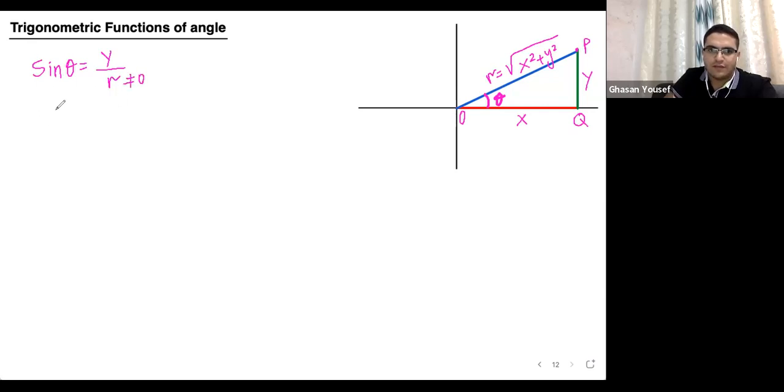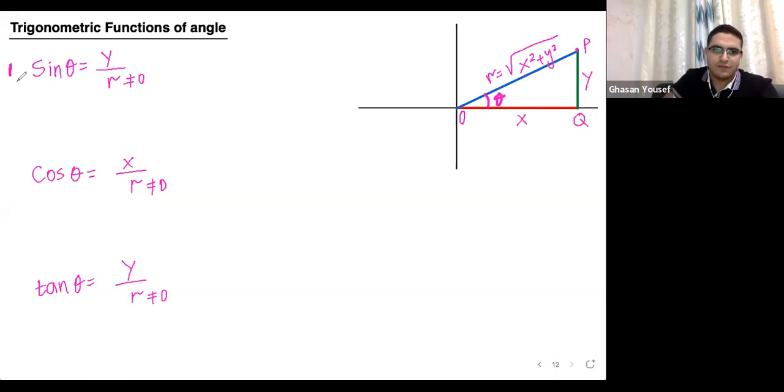The cosine function, the cosine of the angle theta, equals x over r. And again, r not equal 0. The tan function, the tan of theta, equals y over x. Again, x not equal 0.